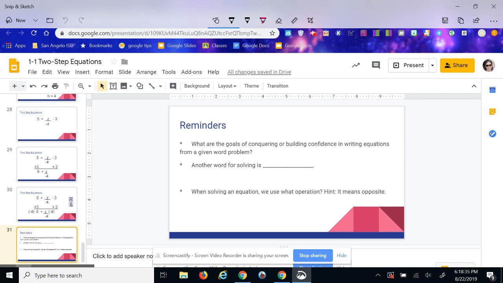We had to underline or highlight the keywords. Another word for solving is evaluate.